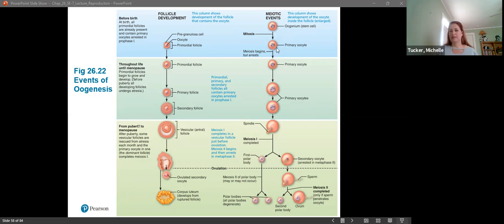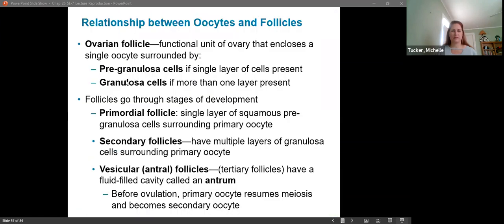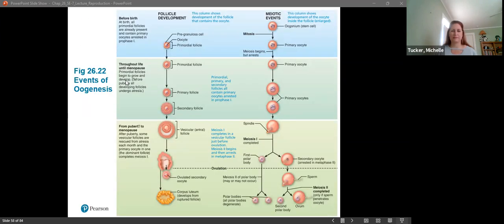So we've had a mitotic division, it forms a primary oocyte, and at birth there are going to be, I think, about 7 million. It's either 4 million or 7 million, I can't remember. But there is a finite number. Entering puberty, it's down to about 400,000.